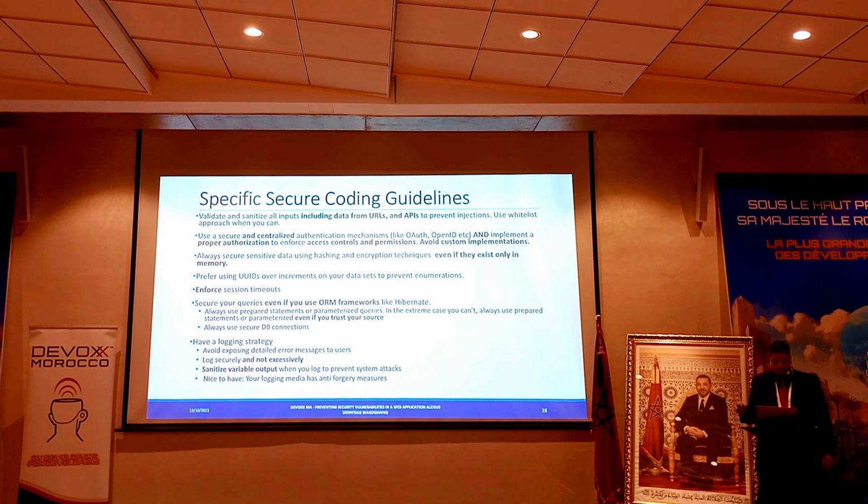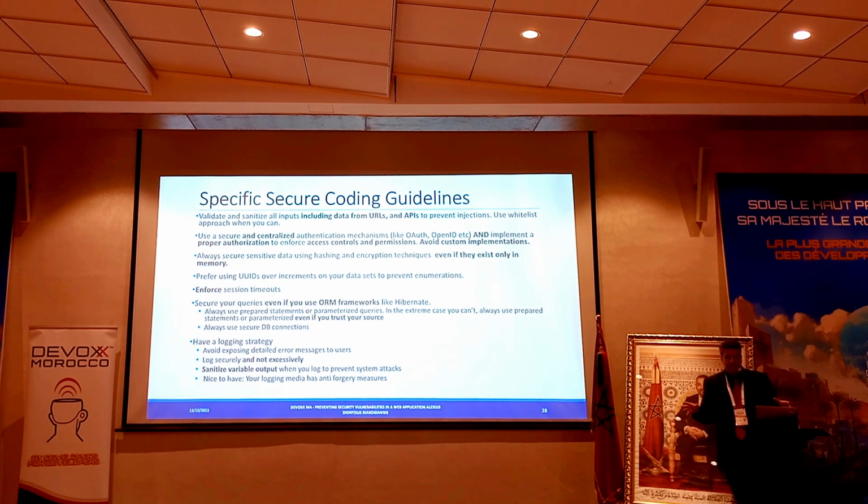Use your framework. Prefer using UUIDs over increments, so that you can prevent enumeration attacks. Secure your queries, even if you use a framework. Many, especially junior developers, tell me, but I'm using Hibernate. Well, it has nothing to do with it.